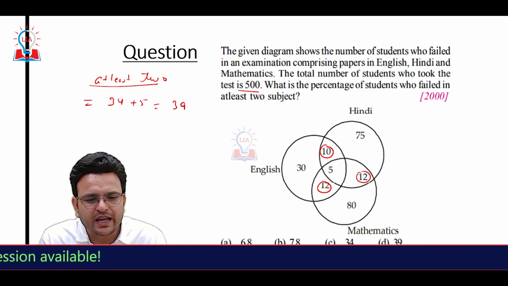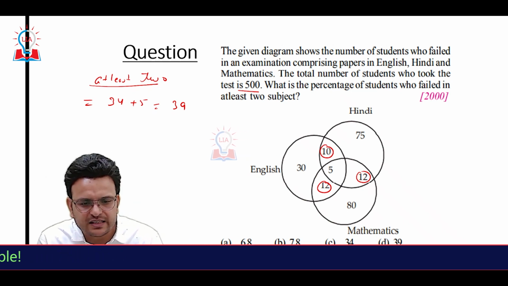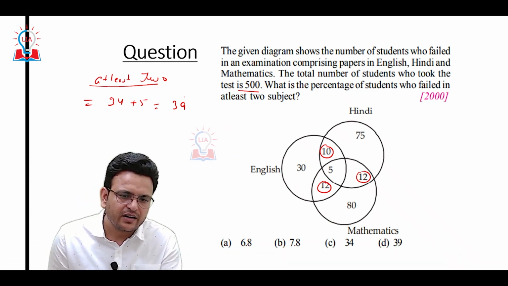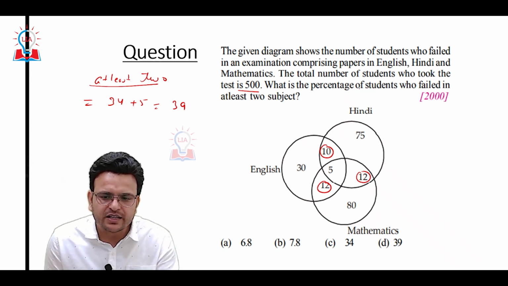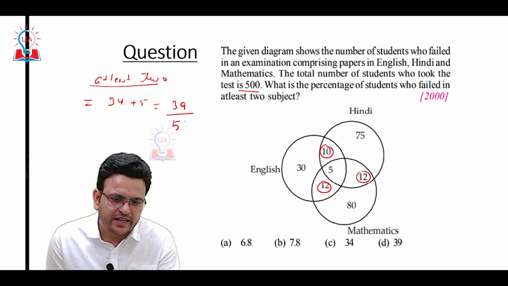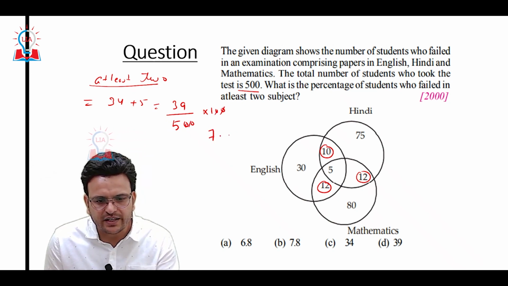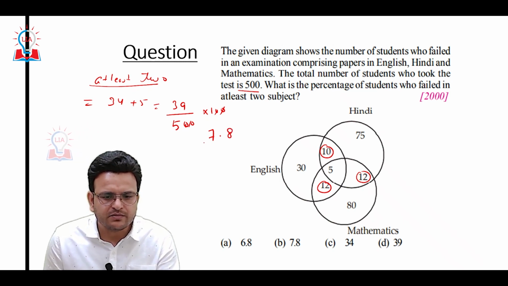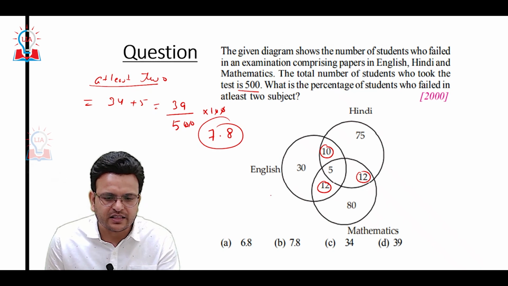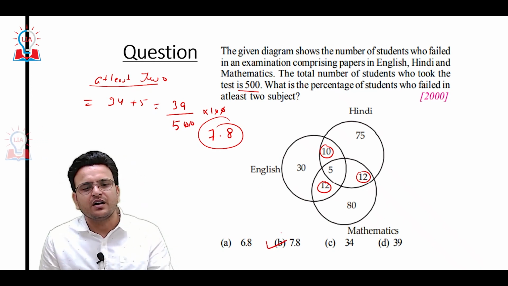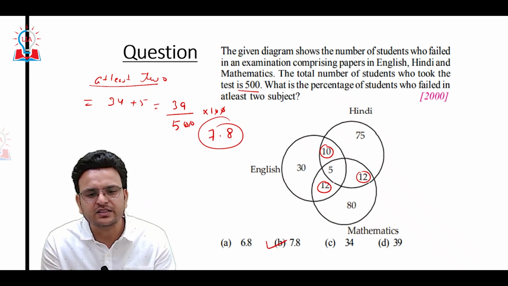So 39 students failed in at least two subjects. But we have to get what percentage of students. So it is 39 upon 500 into 100. So it becomes around 7.8. 7.8% of people failed in at least two subjects.